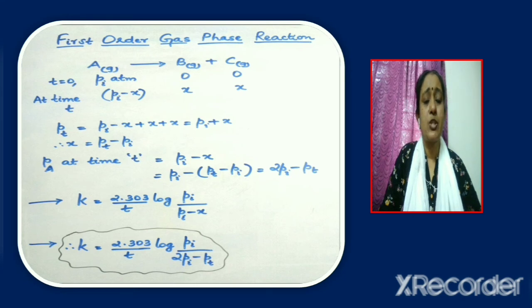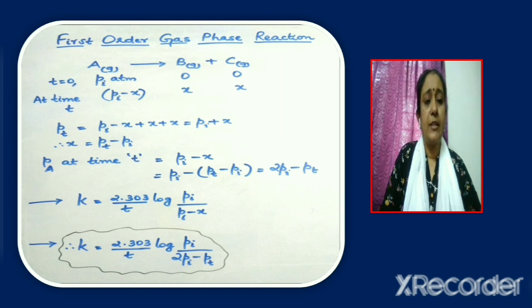Now what is the pressure of A at time t? It is equal to Pi minus X. Substitute the value of X so that the pressure of A at time t becomes equal to Pi minus of Pt minus Pi, or this is equal to 2 Pi minus Pt.